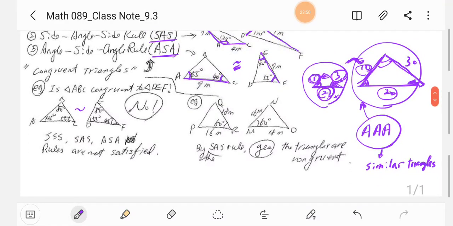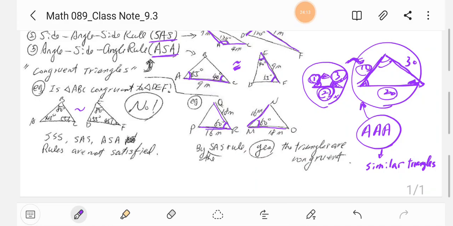How about this one? You have 16, you have angle 60, so side angle side. So you have 16, 60, 18. The corresponding side, angle, side are the same.